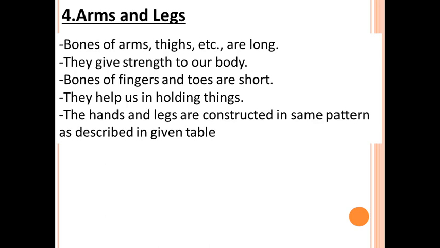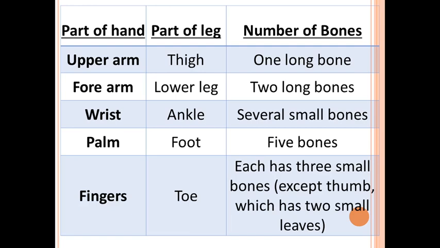With the help of our hands, we hold something or lift something. So see, the hands and legs are constructed in the same pattern as described in the table given below.